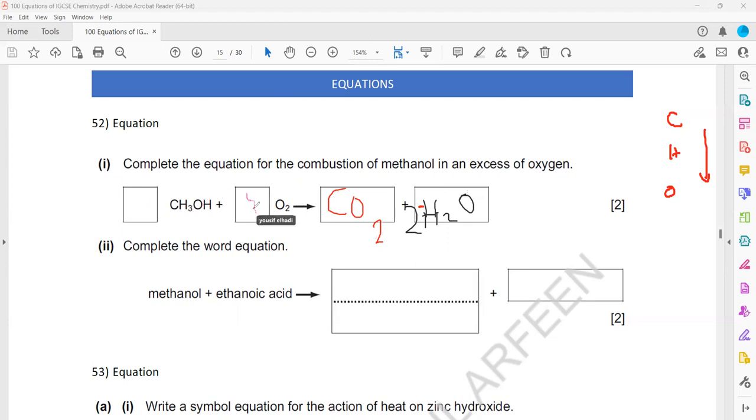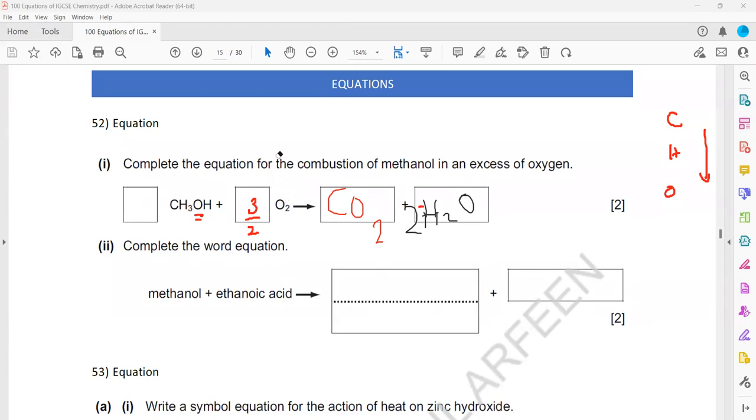And 1 is already there, so I need 3 more. So I'll write 3 by 2, or I can say 1.5. If I write 3 only, it will become 3 multiplied by 2, 6, plus 1, 7. But I need 3 oxygen here, so 3 by 2 or 1.5 into 2 makes 3.